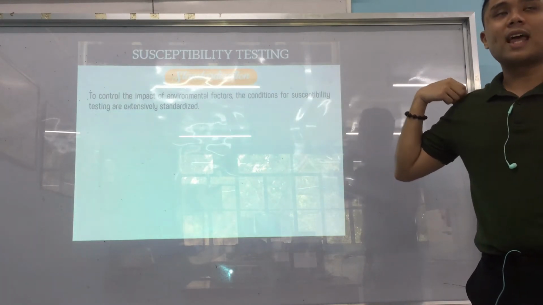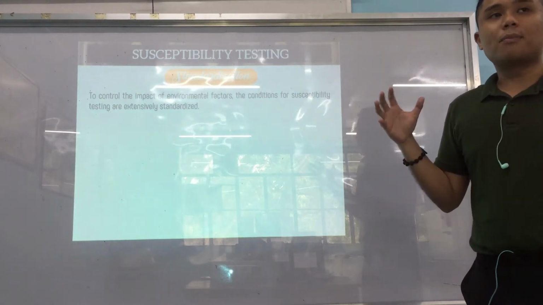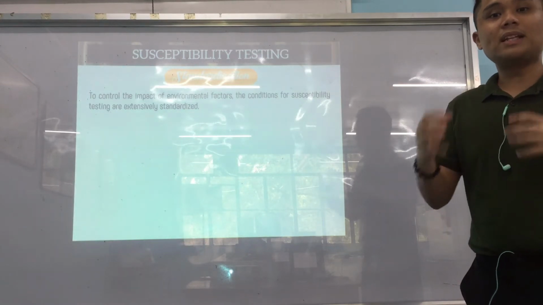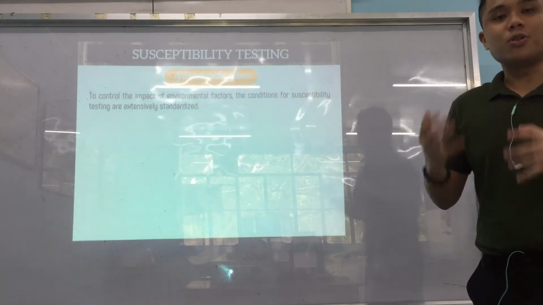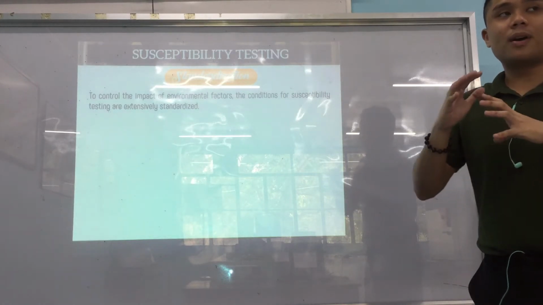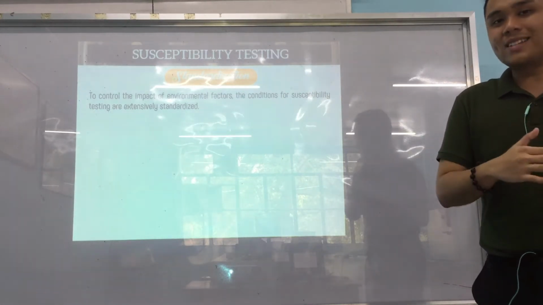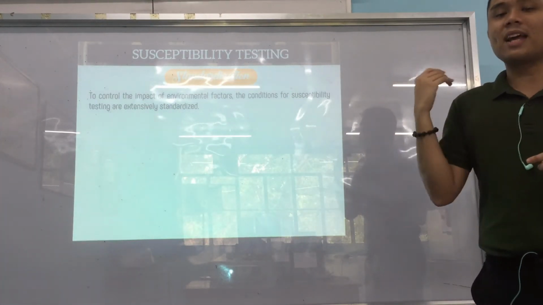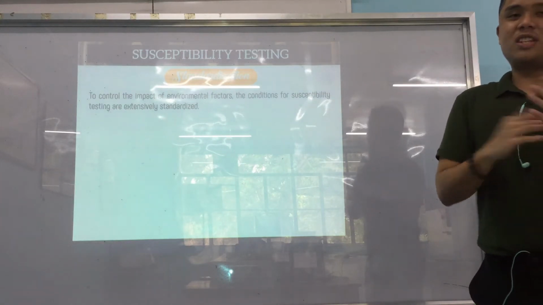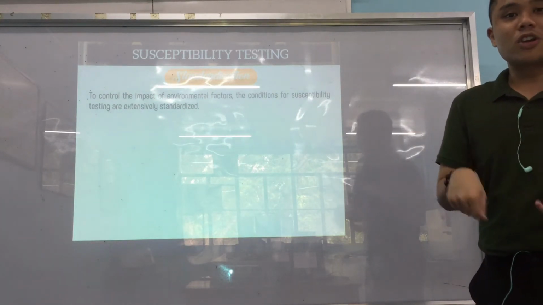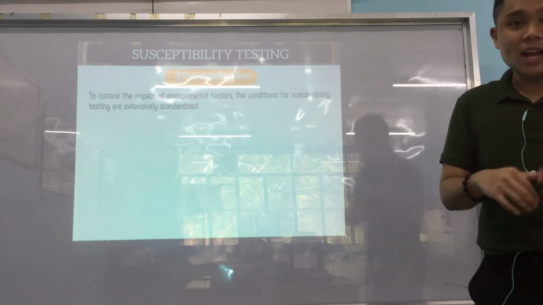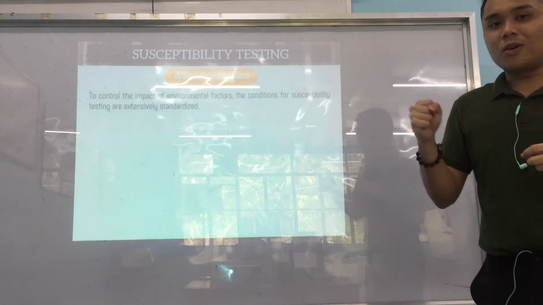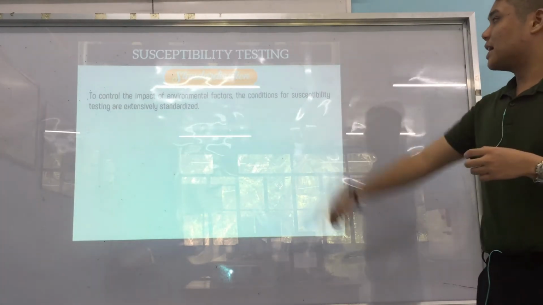It makes certain that all your procedures are standardized so that you can say that the susceptibility, or the zone of inhibition produced, is really caused by the agent itself. It is not because of exposure to different factors, not because you inoculated too many organisms, and not because you placed too little drug. It is really because of the drug you placed, regardless of environmental factors. That's the importance of standardization.